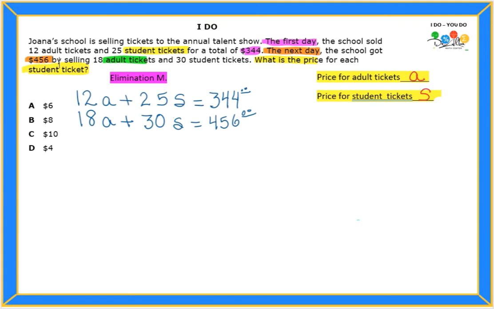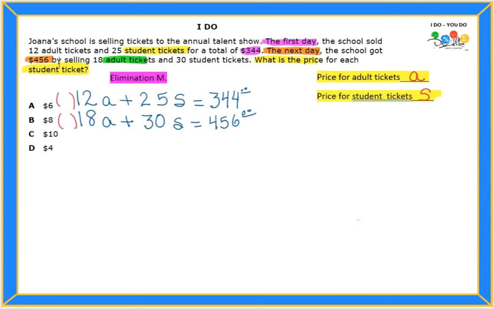Right now, I cannot eliminate anything because my 12 and my 18 don't have the same coefficient. So the whole idea is that I need to multiply by a given number so that both of my coefficients will be the opposite of each other.